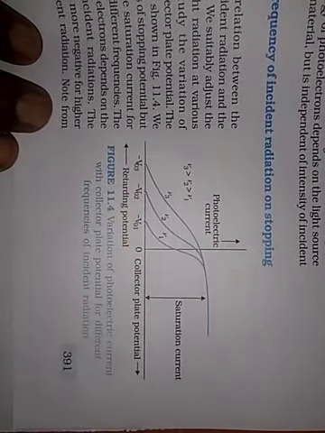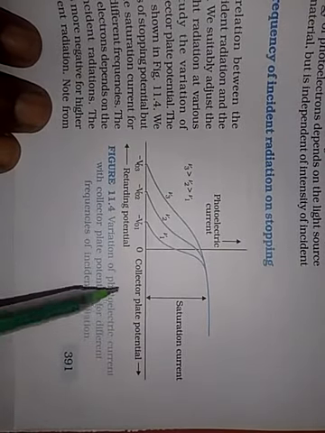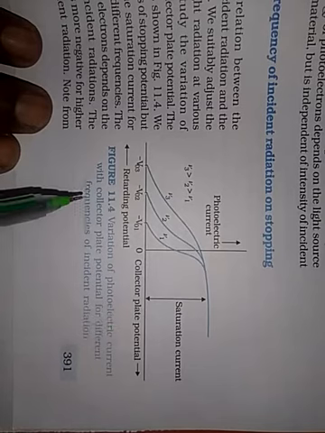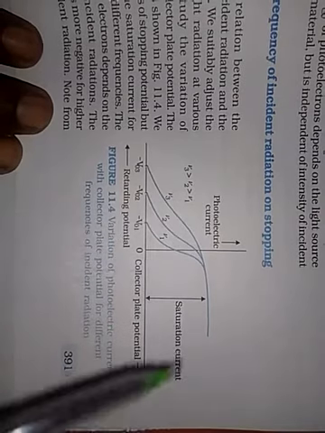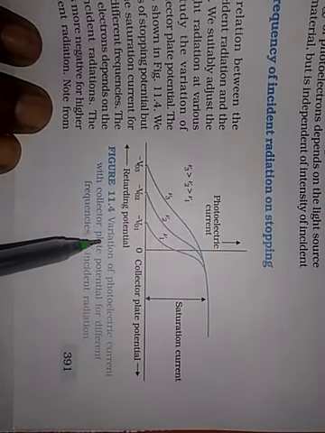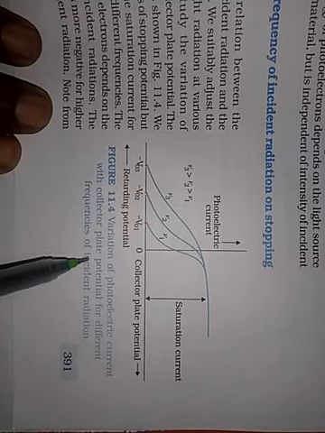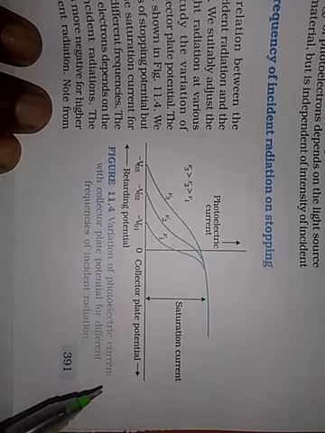here is another graph. This is about collector plate potential and photoelectric current. Variation of photoelectric current with collector plate potential for different frequencies of incident radiation.